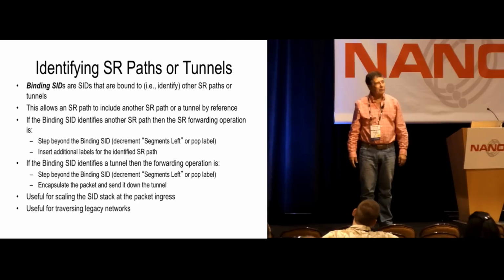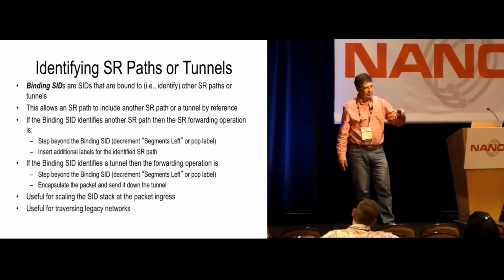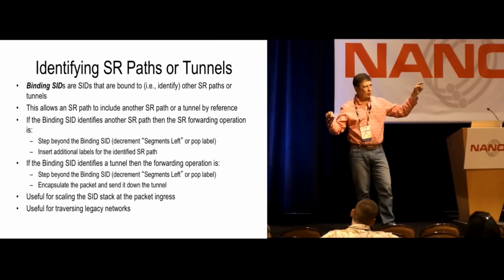Well, what you might do is build an SR path from 5 to 10. Have 5 advertise a label, advertise a binding SID to get there. Then 1, when it pushes its stack, pushes 1, 2, 3, 4, the binding label.